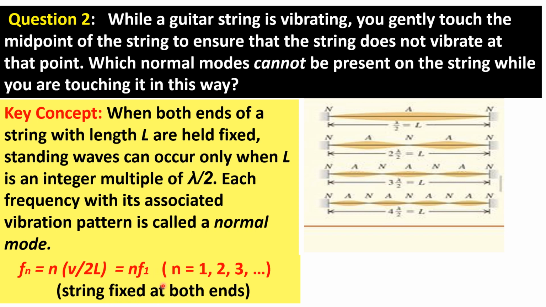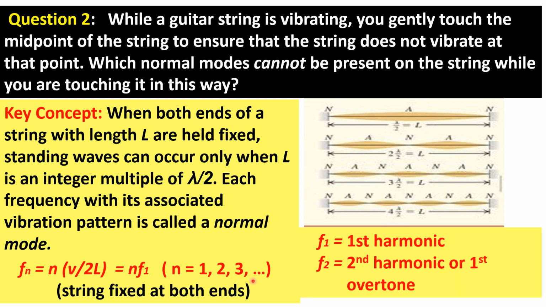Okay, so the term used for the smallest frequency possible, we call it the fundamental frequency, and they also call it the first harmonic. F2, the second frequency, is known as the second harmonic, and the third frequency, F3, is called the third harmonic.